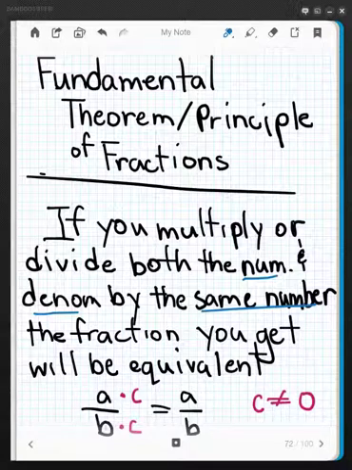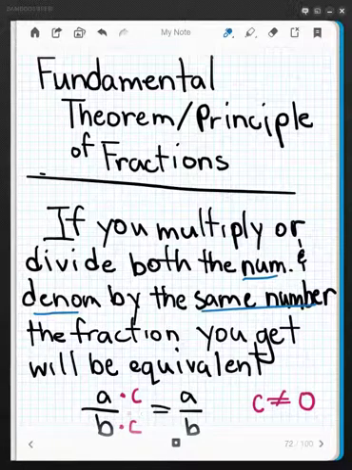In other words, if I start out with a times b and I multiply it by some c, which isn't 0, then I get a fraction that is equivalent to the original a over b. I could change these multiplications to divisions and they would be the same exact thing. And that's how we're going to reduce, by dividing.